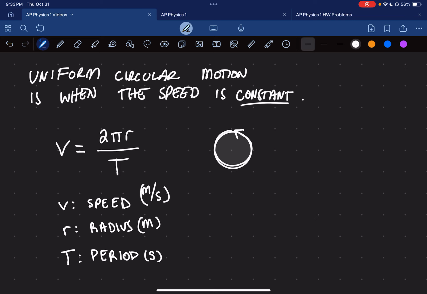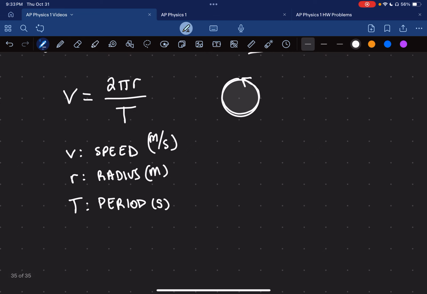It's how much time it takes to go around exactly once. And so let's write that right here. This is the time required for one revolution, which of course is in seconds as we wrote.